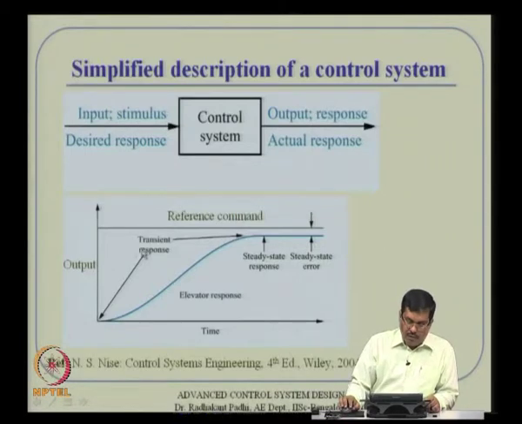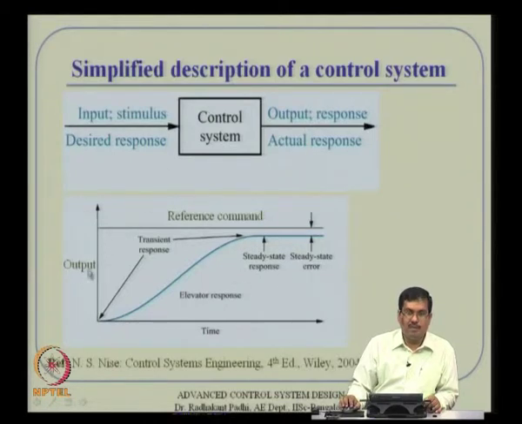Then throughout the course we will need this response behavior, and when you talk about dynamical system response, there are essentially two parts. First is transient response and next is steady state response. Steady state response is something that happens after some time, and transient response is something that happens initially.